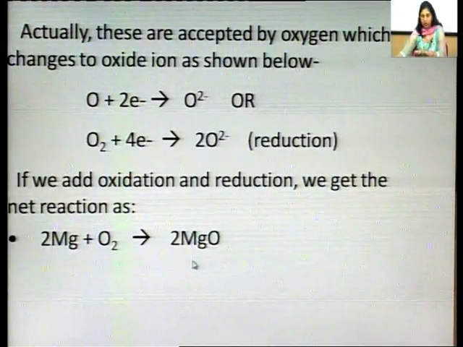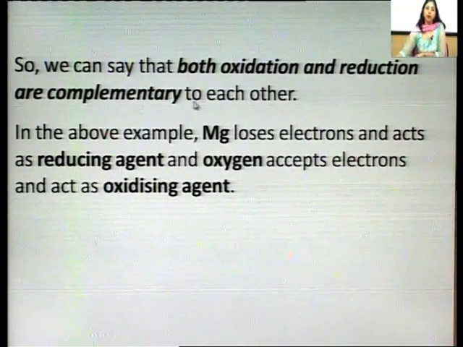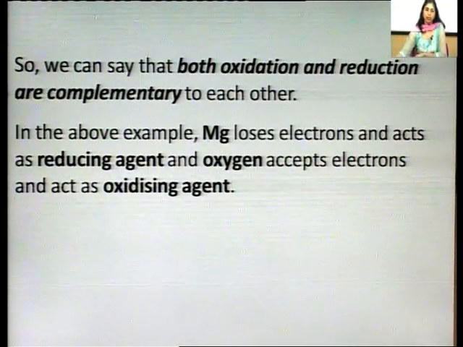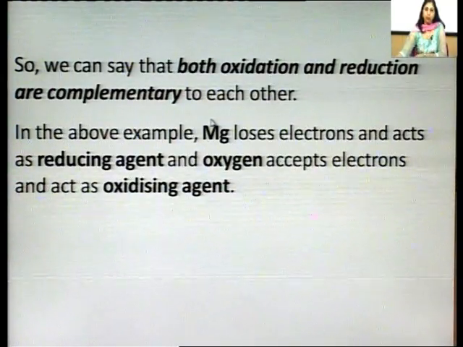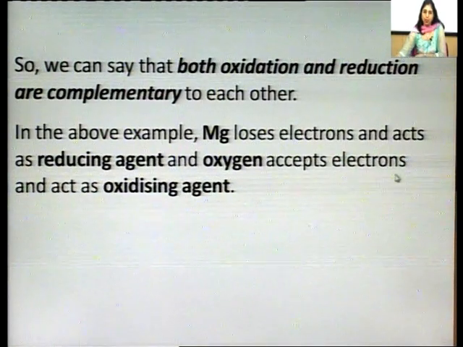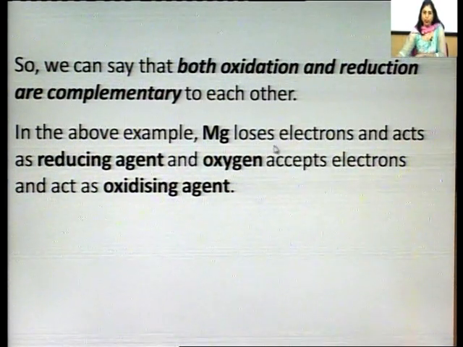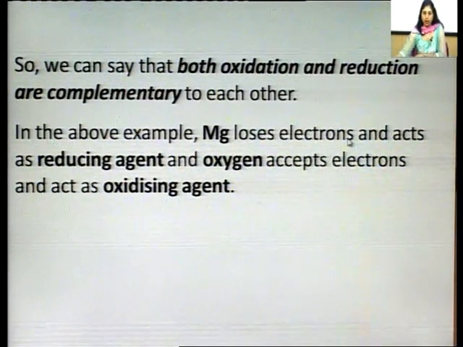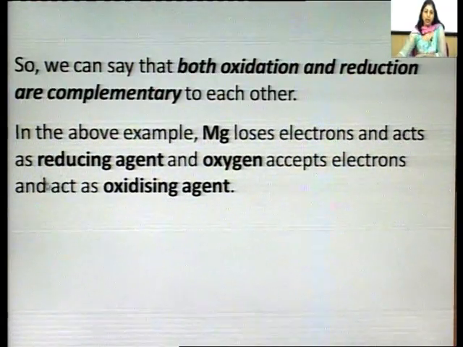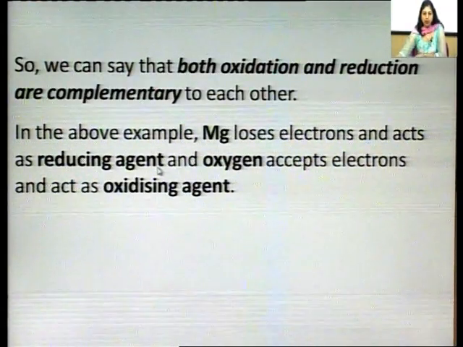So, in short, we can say that both oxidation and reduction are complementary to each other. In this example, magnesium loses electrons, meaning it is undergoing oxidation, so it will act as reducing agent.